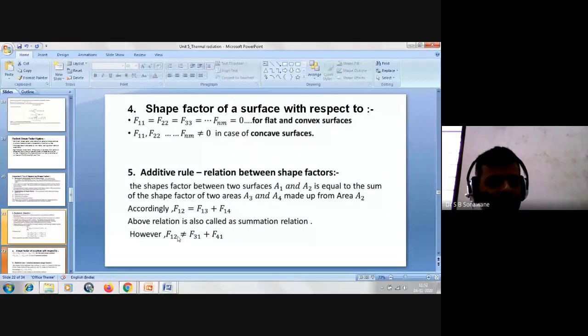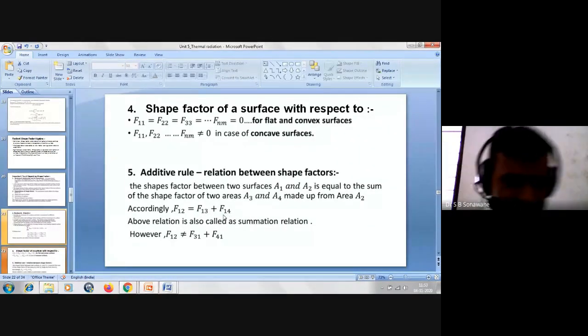Reverse is not possible, because here we have considered 1 as an emitter, and 2, 3 and 4 directly intercept on that surface. We can say it is a receiver.